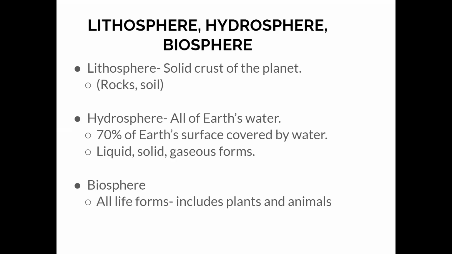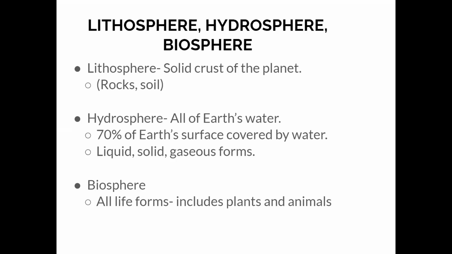What did we say are our oceans? Remember we listed them off previously in class. What are our oceans? 1, Pacific. 2, Atlantic. 3, Arctic. And 4, Indian.